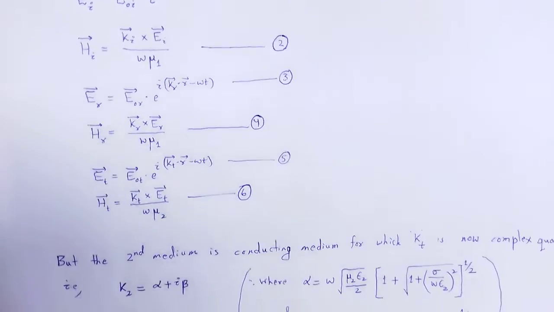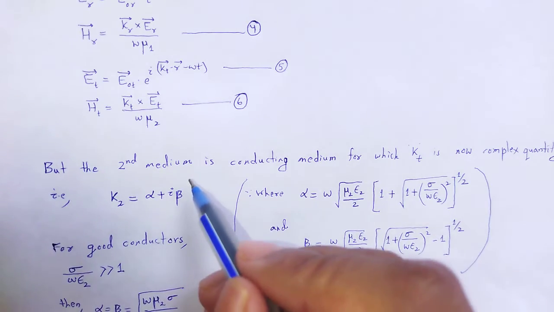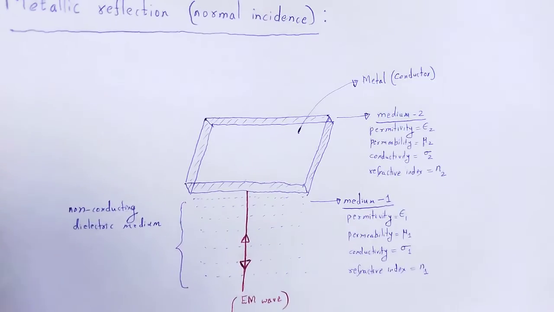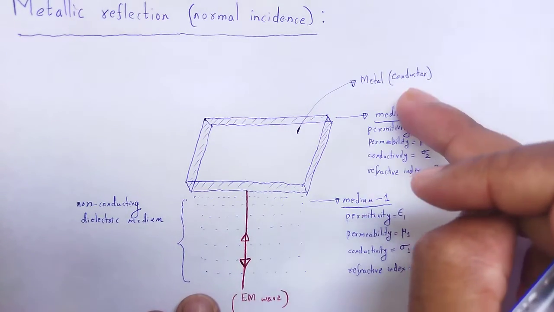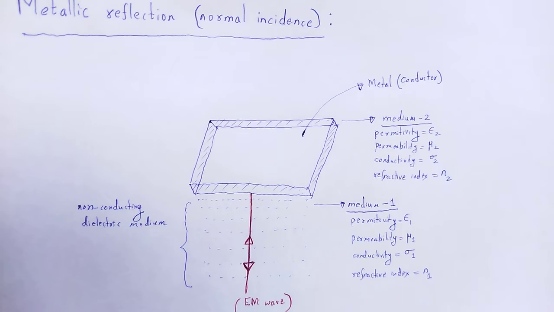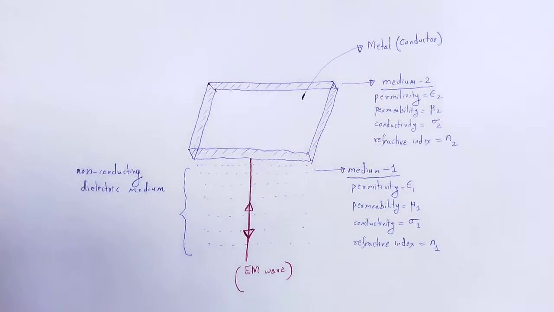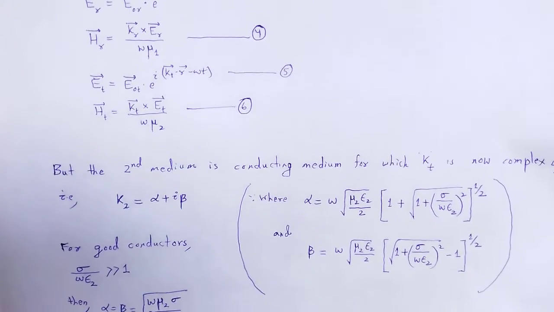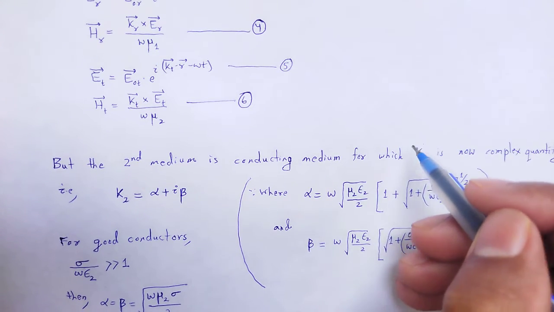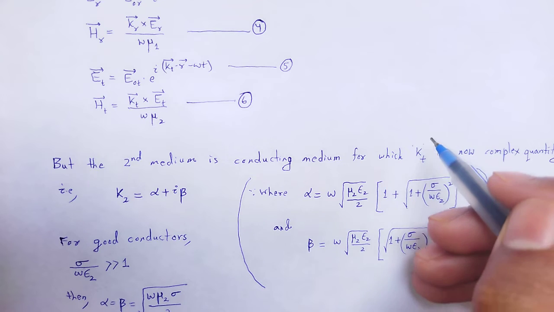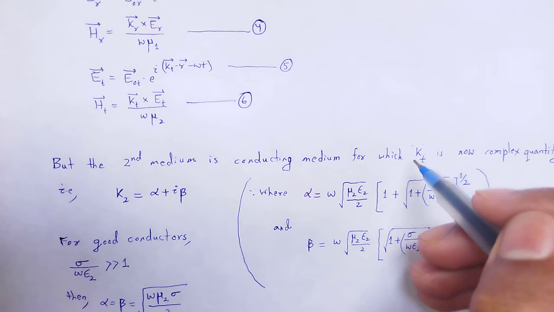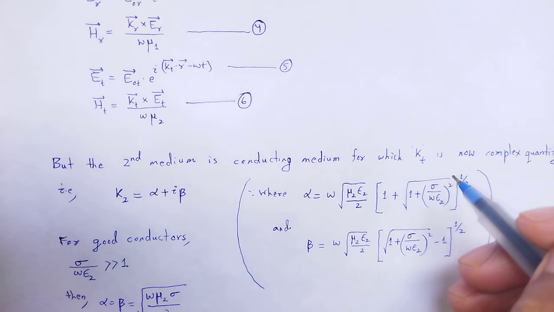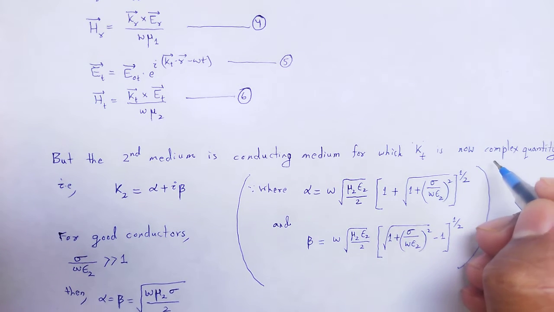Look here, the second medium is conducting, a metal, that is a conductor, and we have already studied that when an electromagnetic wave propagates through a conducting medium, the direction of propagation of the transmitted wave k t is represented as a complex quantity.